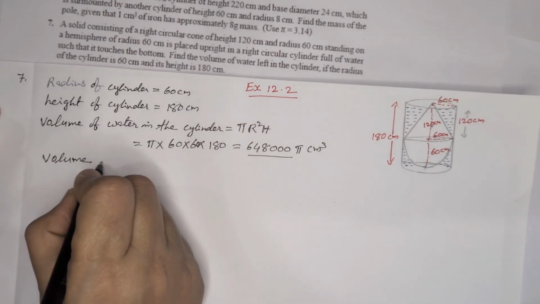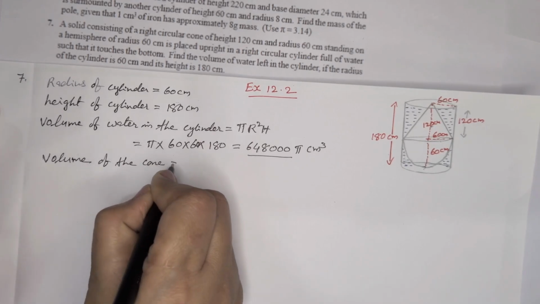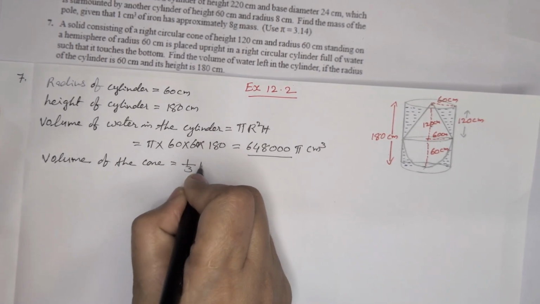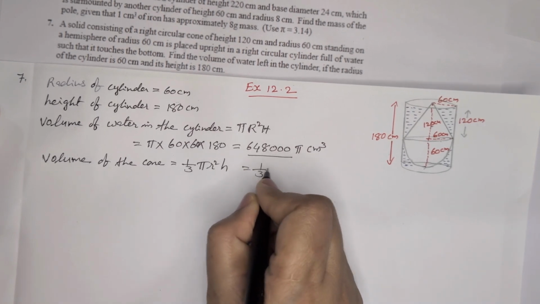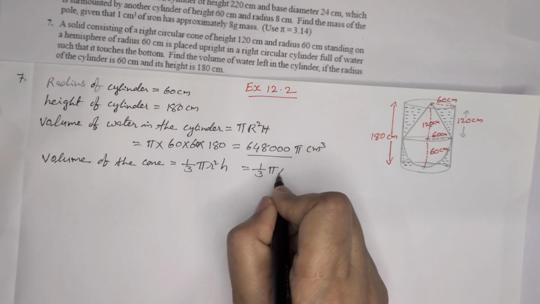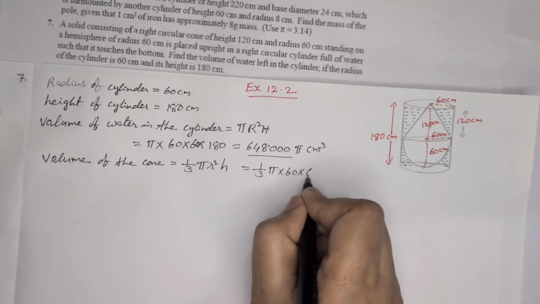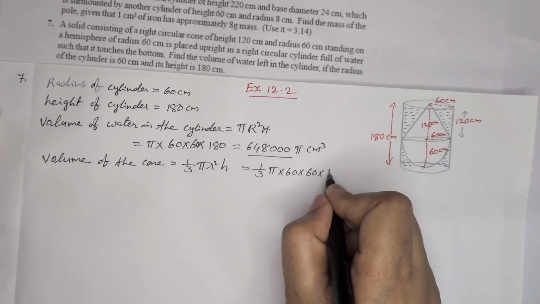So volume of the cone is equal to 1 by 3 pi r square h, which is 1 by 3 pi, here radius is 60 and height of the cone is 120.